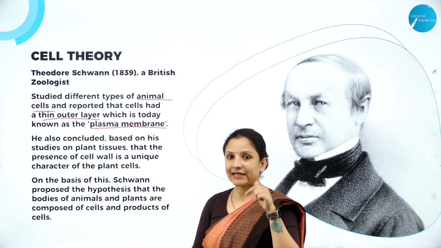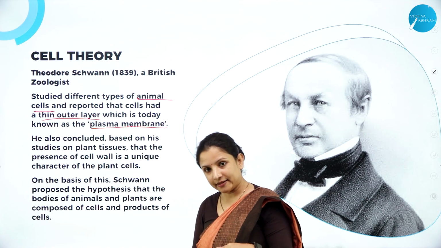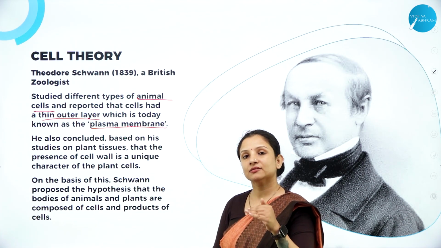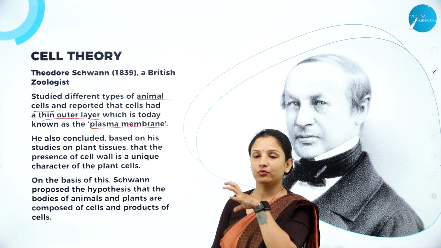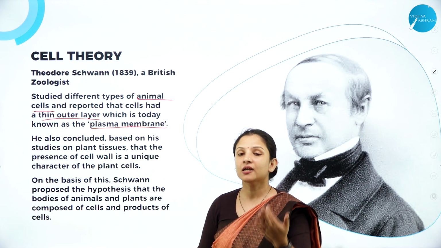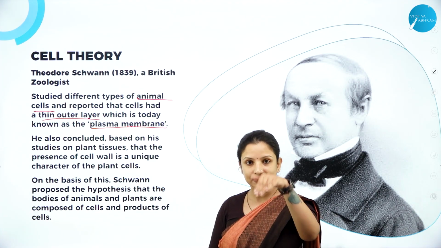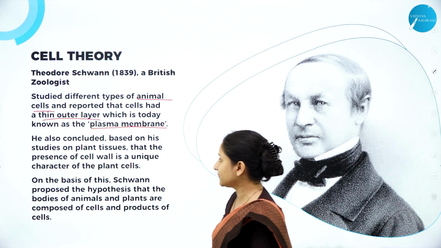So, first a live cell was discovered, then inside the live cell a nucleus was discovered, then in plants they got to know there are different types of cells, and in animals they got to know that animal cells are covered by an external thin layer called the plasma membrane.